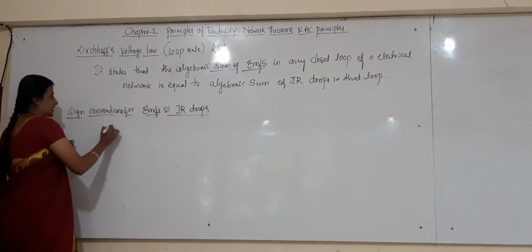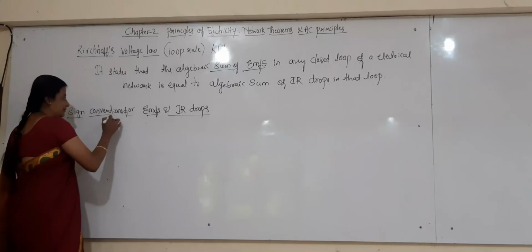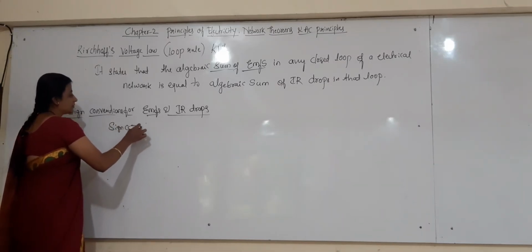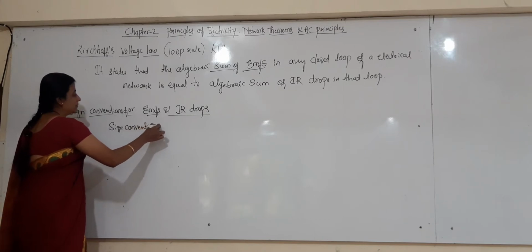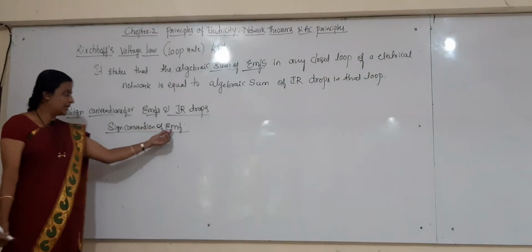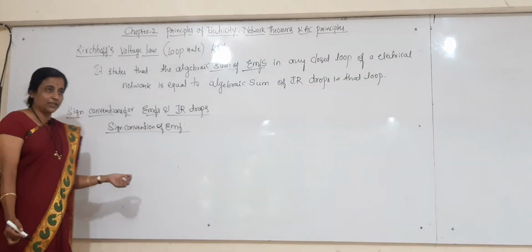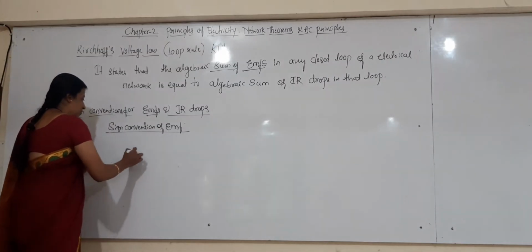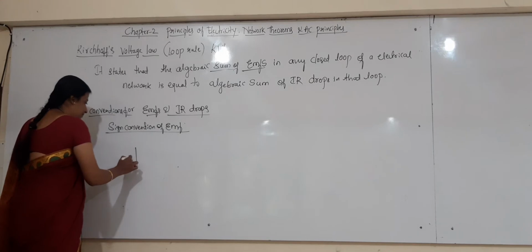First is the sign convention of EMF. EMF is nothing but a DC source. That DC source is nothing but our cell or a battery here. So let us consider this cell.